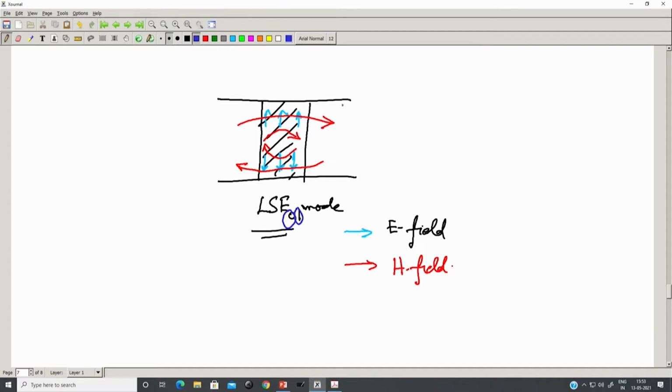These are the two fundamental reasons why the NRD is a very low loss guided structure compared to other structures or even other very similar structures like the H guide.